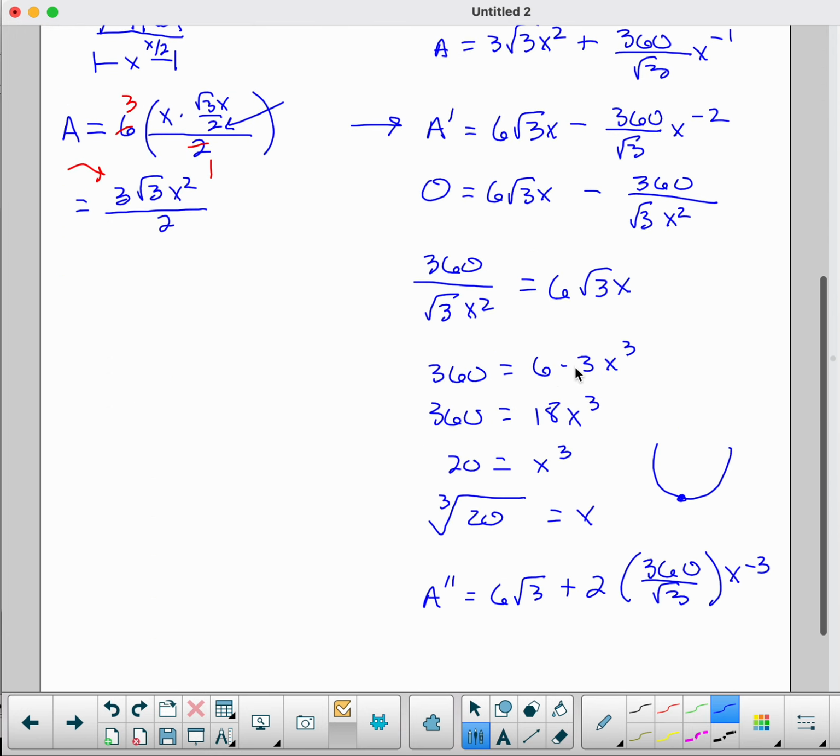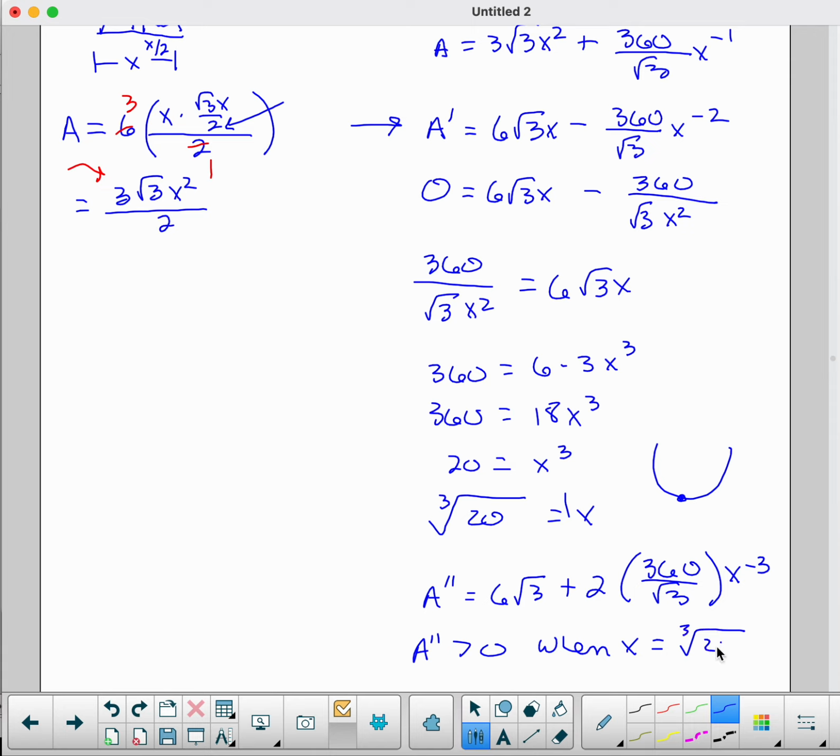So we can say the reasoning would be the second derivative is greater than 0 when x is equal to cube root 20. And you might say, hey, Dave, couldn't it be negative if we had a negative value of x? Well, x is a measurement of length, so it can't be negative.